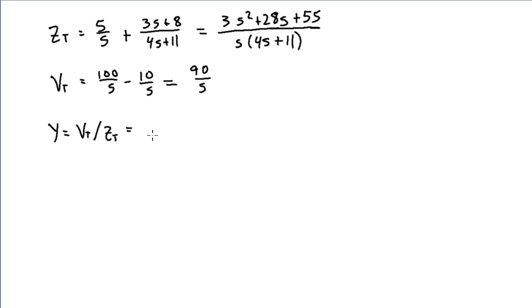Okay. And here I'll have the 90 over s. Take the reciprocal of this, the s's will cancel. I have 4s plus 11 over 3s squared plus 28s plus 55.